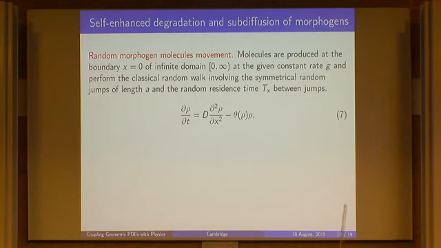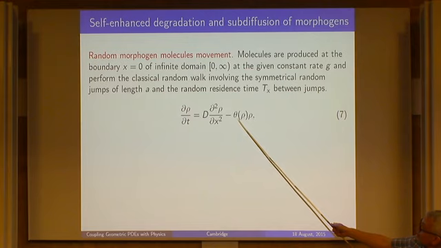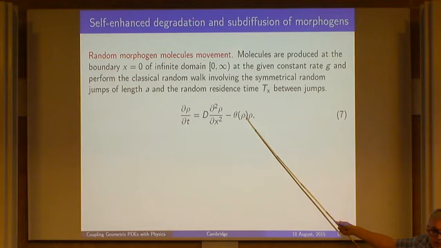So you just put here a constant delivery of particles. This is infinite. Sooner or later you will get some stationary distribution. And that is a classical problem in mathematical biology, morphogen gradient formation. Of course, in the linear case, when the degradation rate is independent of density, it's a trivial undergraduate problem for our students.